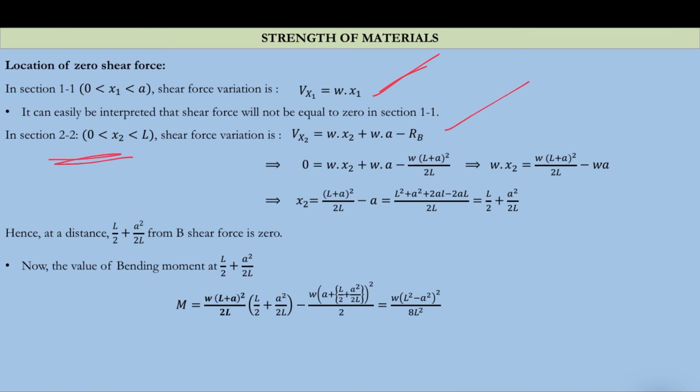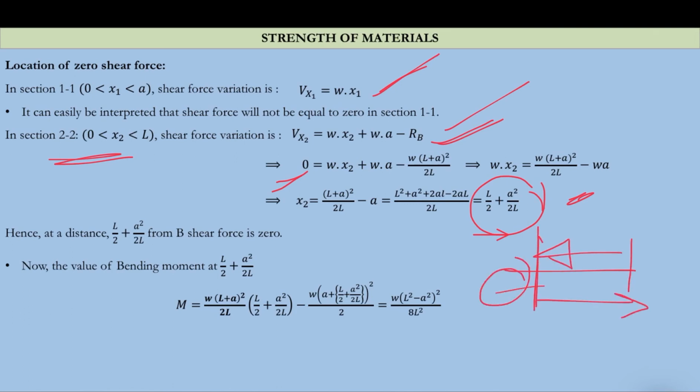So in span AB, we put the variation of V as 0. What we are getting is L by 2 minus A square by 2L, so this is somewhere between A and B, and it is closer to A. You can also see this because L by 2 is the midpoint and this value is a bit greater than L by 2, so it is near A. Hence the distance is L by 2 plus A square by 2L, where the shear force is 0.